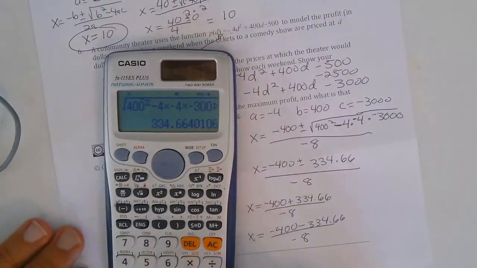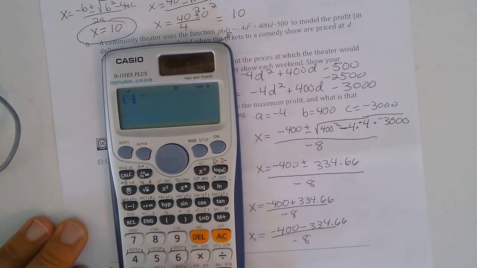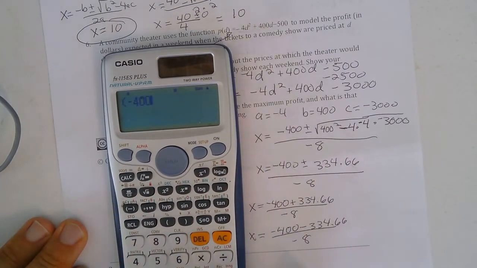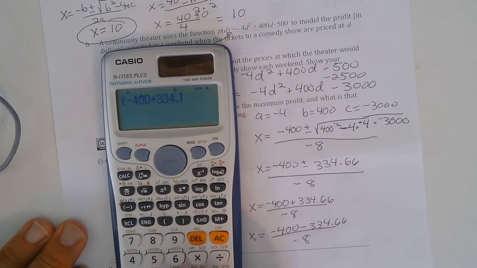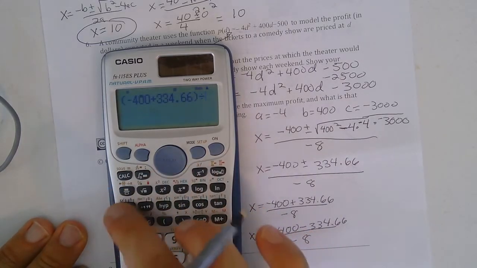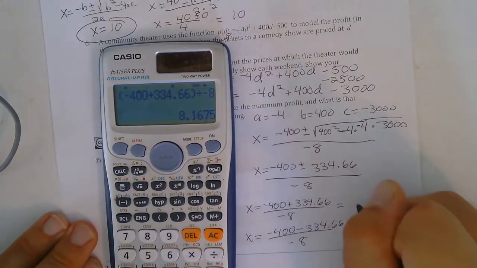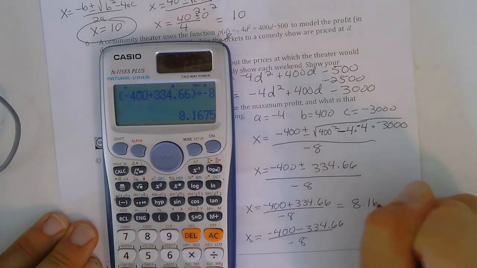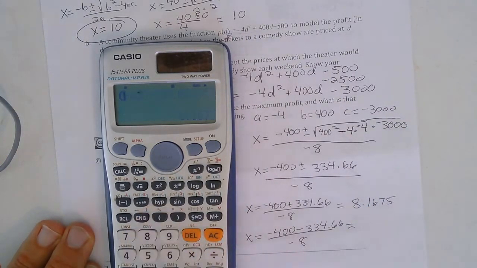So on here, to do this in a calculator, I'm going to go parentheses, negative 400 plus 334.66, then divide that by negative 8, and that is 8.1675.